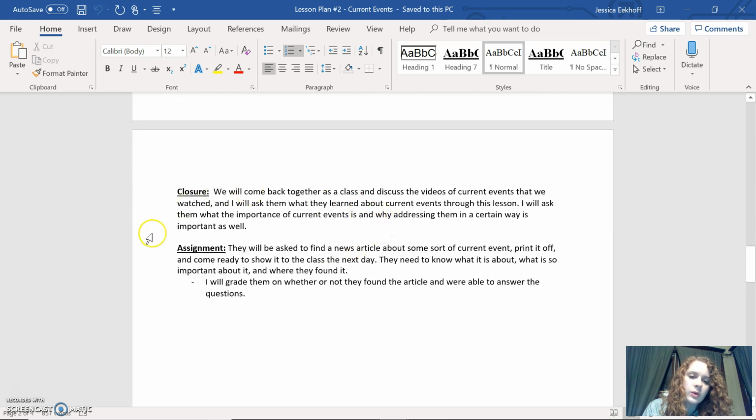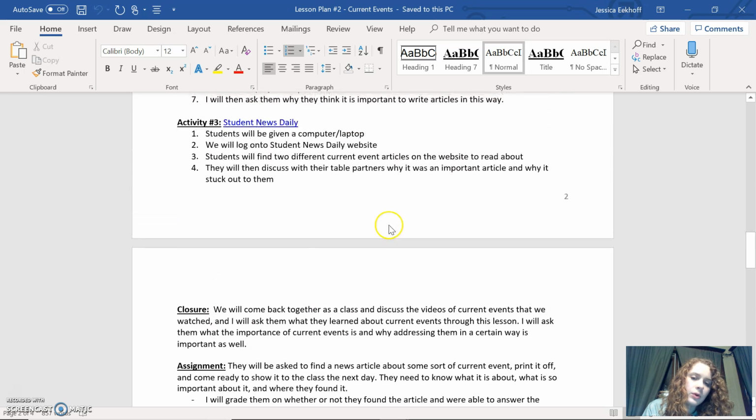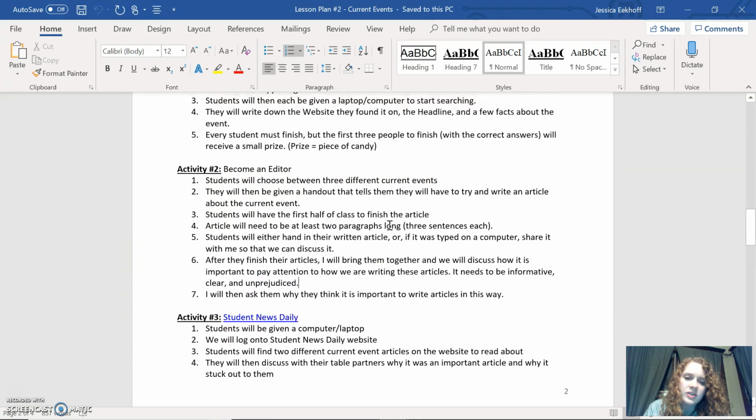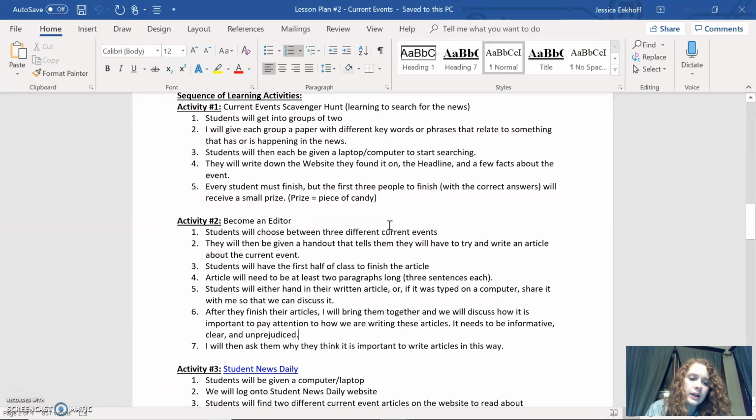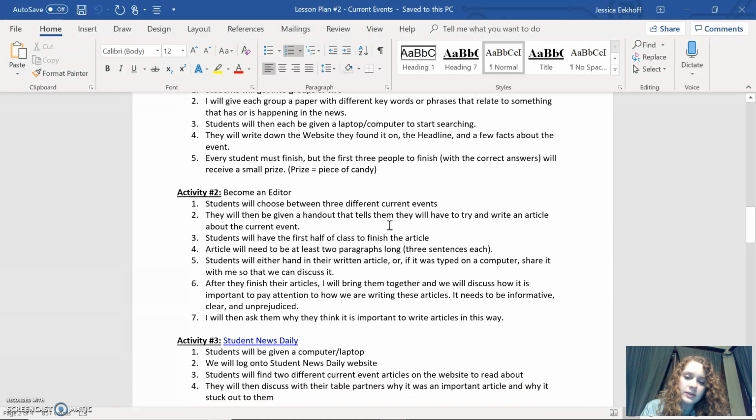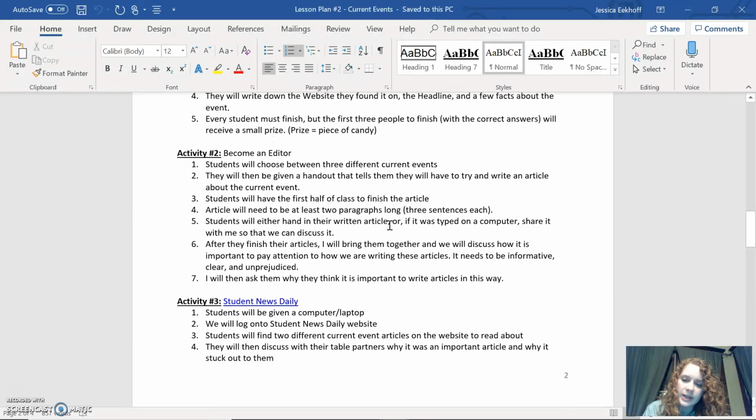And then we'll come back together and talk about why current events are important, why we should be paying attention to what's going on, and how they're being portrayed in the world, and why that's important too. So I'm kind of just excited about this one.